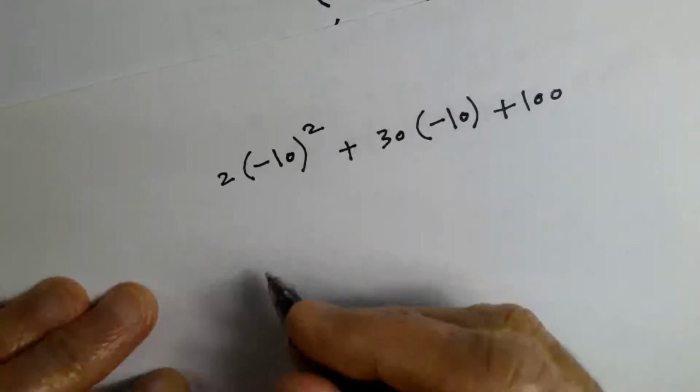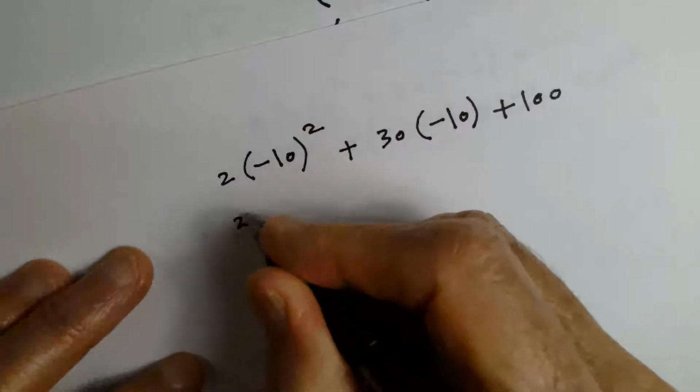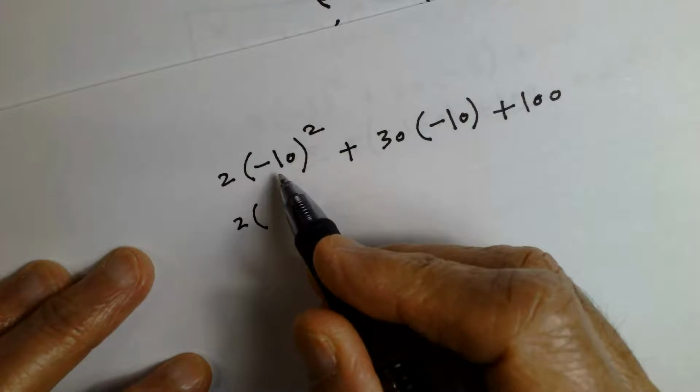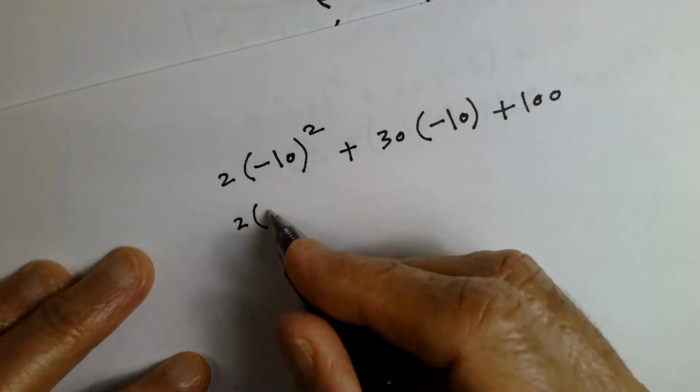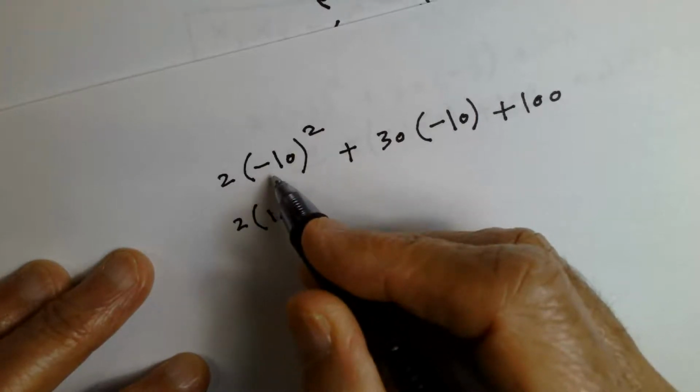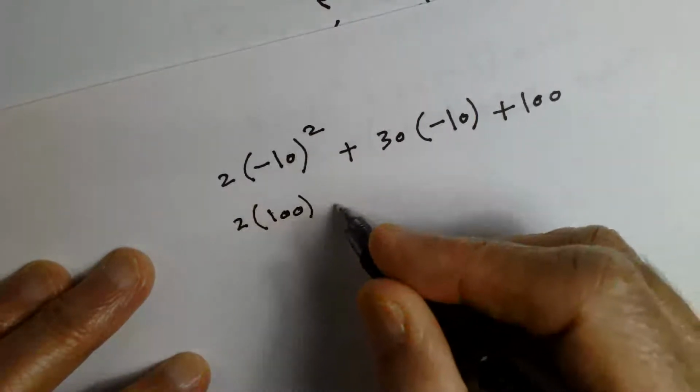That is what we have. Minus 10 multiplied by minus 10 is 100. That's actually the square of minus 10, which is 100.